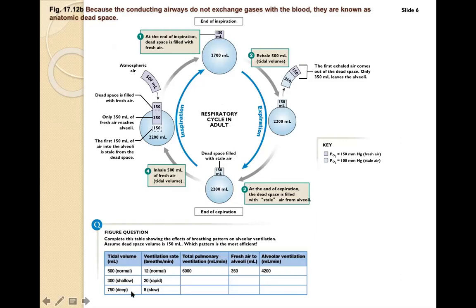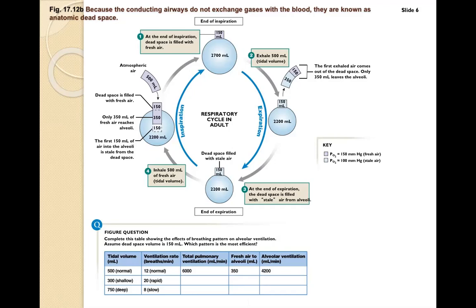This is actually an interesting concept to talk about, because sometimes if you think about it, is it better to do short, rapid, shallow breaths, or is it better to do deep, slow breaths? What will give us more fresh air to the alveoli? So let's do these three examples. I'm going to share my screen and we're going to work through them together.